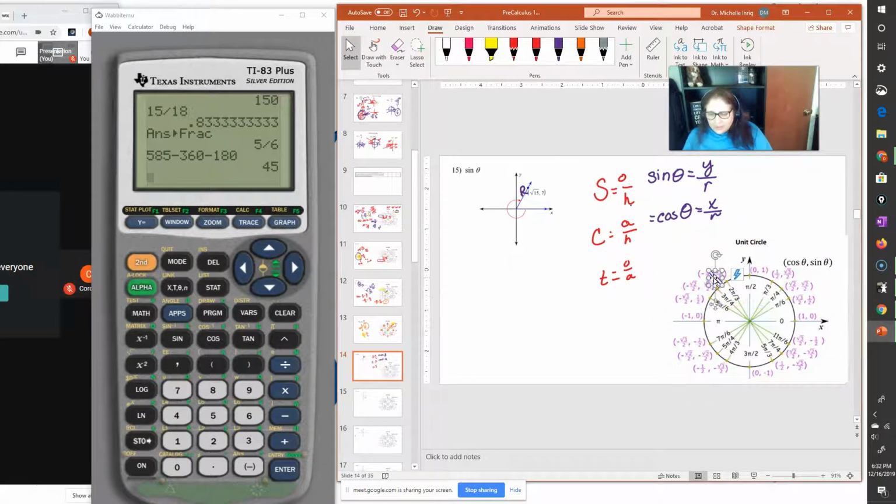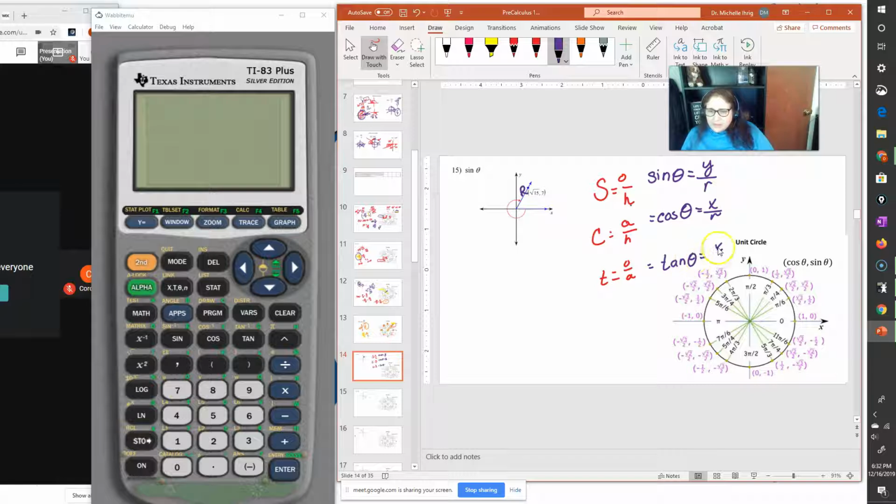And your tan theta is going to be your y value divided by your x value. So in sine and cosine, the hypotenuse is the radius, and in tangent, you have y and x. So in this case, it wants sine.